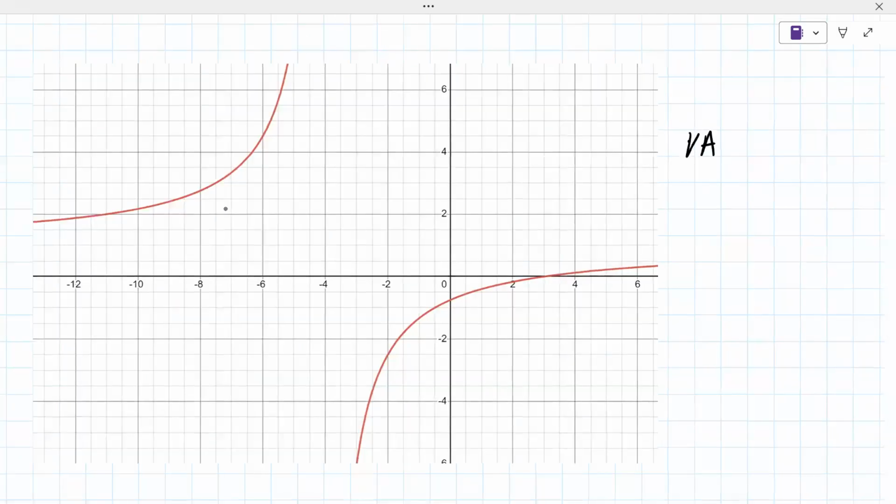Try and tell me what the vertical asymptote is here, please. Vertical, up and down.